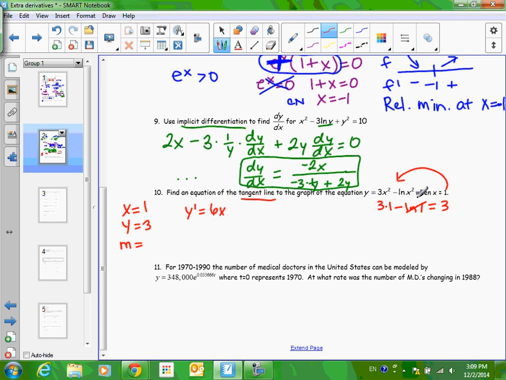Now, to do the next part, I'm going to let you do this on your own. You could just go straight into doing the derivative of natural log, or you could use a property. So I want you to finish the derivative, and then find slope by plugging 1 into the derivative.